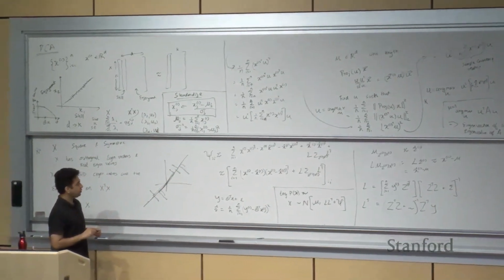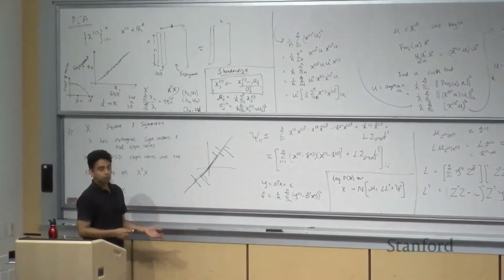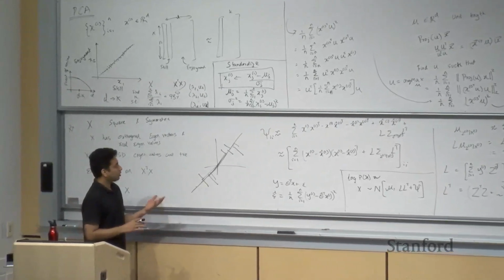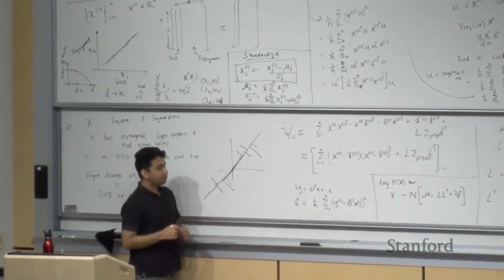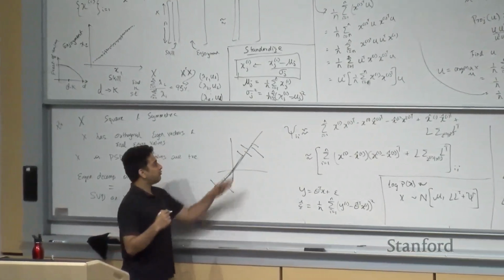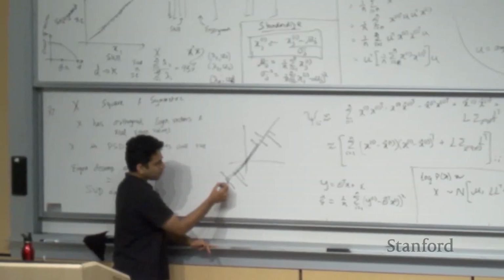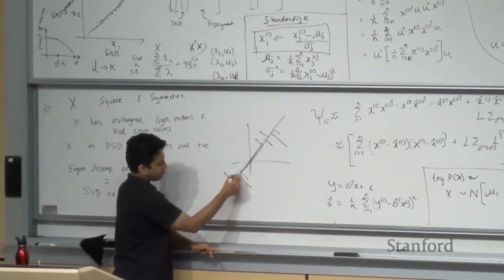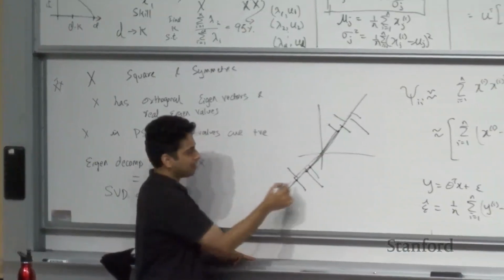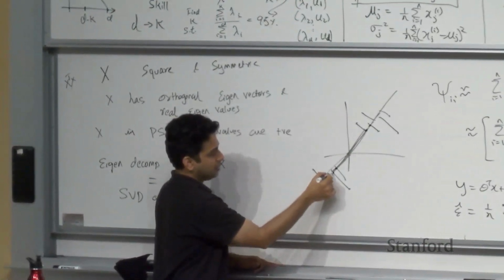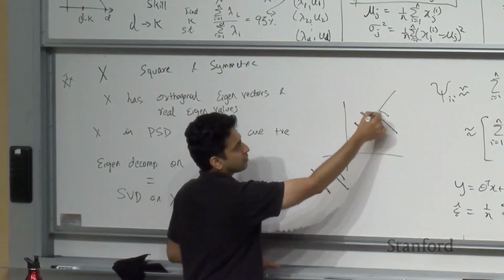In homework, you will see another motivation, where you rephrase the problem as finding a subspace where the projected points are as close as possible to the original points, that is, minimizing this distance.